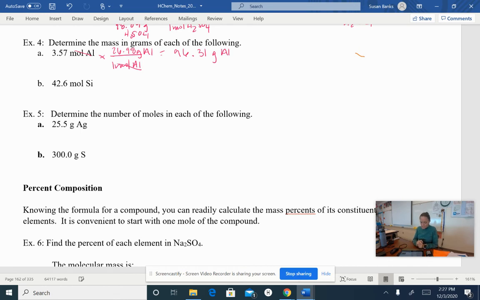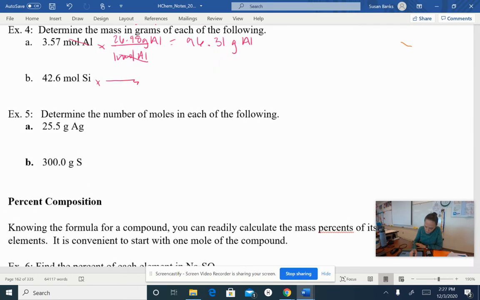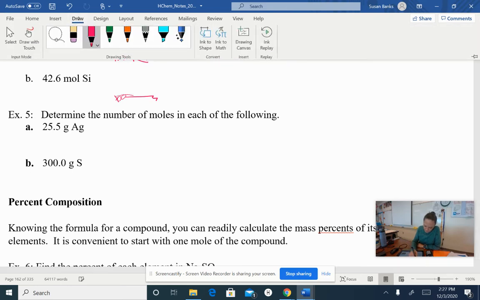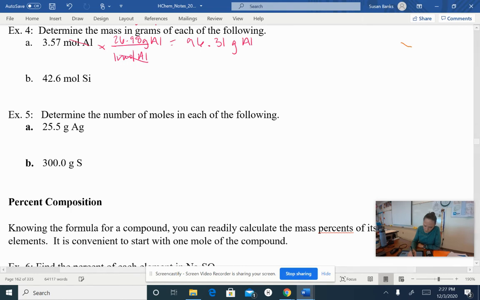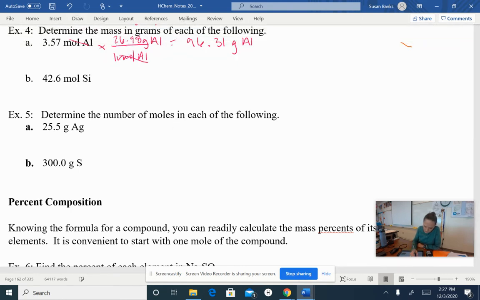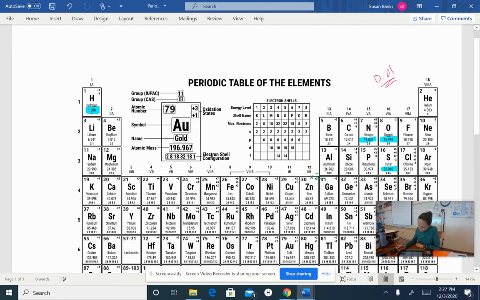Okay, you ready to check? All right, so I've got 42.6 moles of silicon, and I want to get into grams. So I'm going to look at my periodic table. Silicon, 28.086. That's going to round to 28.09.